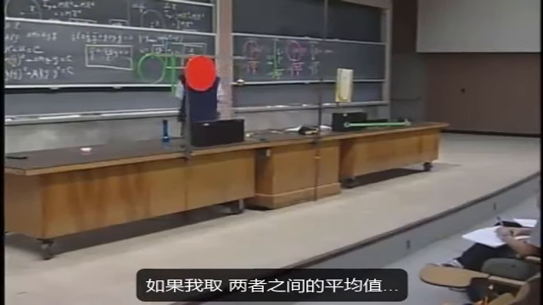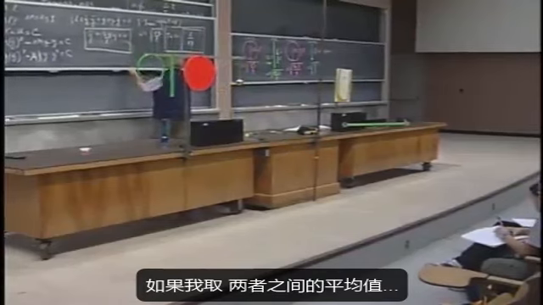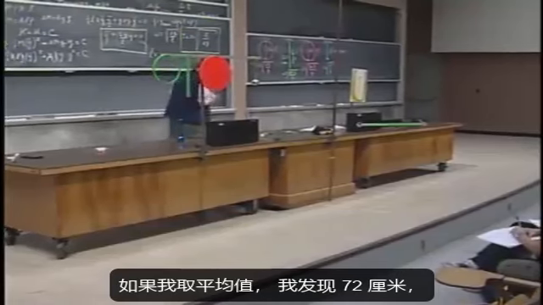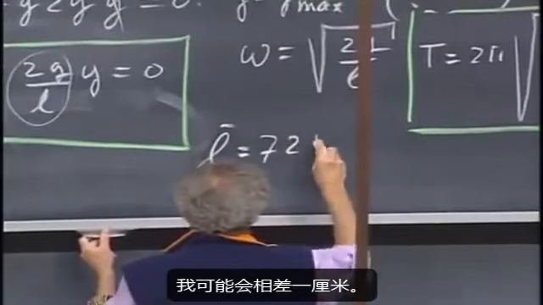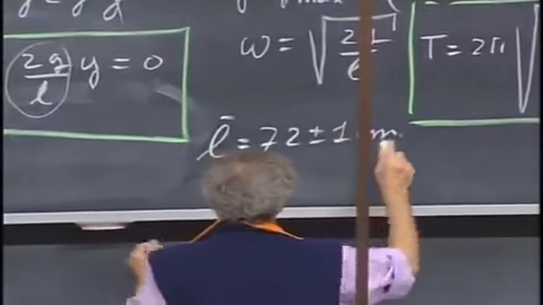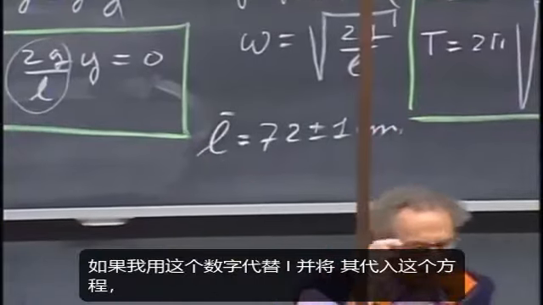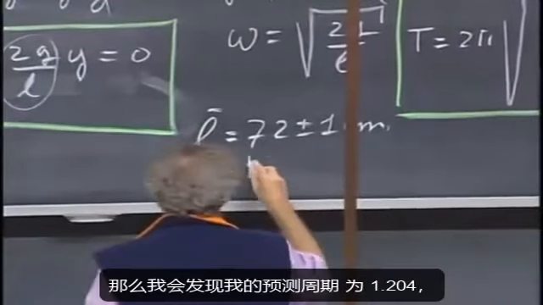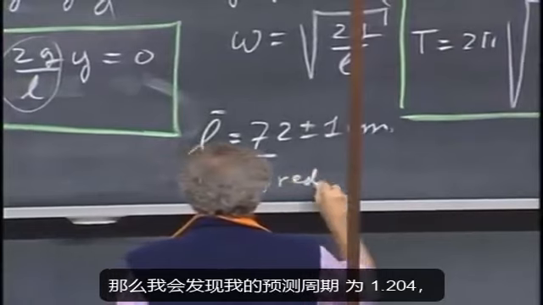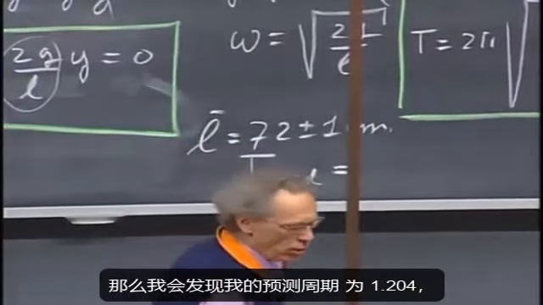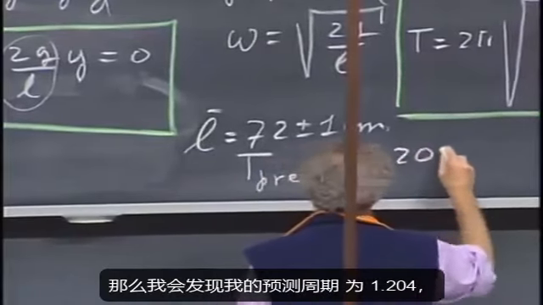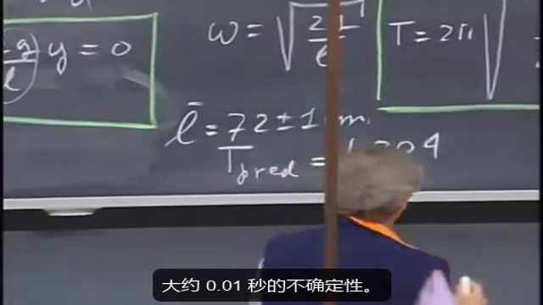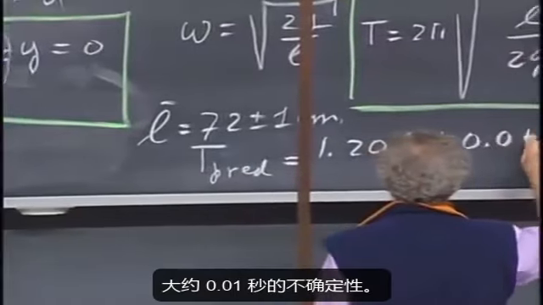If I take the average value between the two, I find 72 centimeters, and I could be off by 1. If I use this number for L, and I substitute it in this equation, then I find my predicted period, which is 1.204, and because of this error of 1, that would give me an uncertainty of about 0.01 seconds.